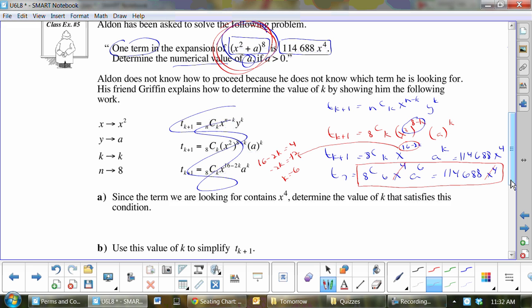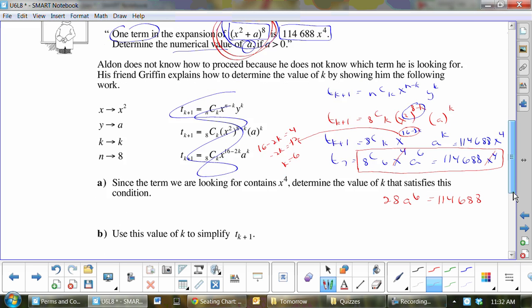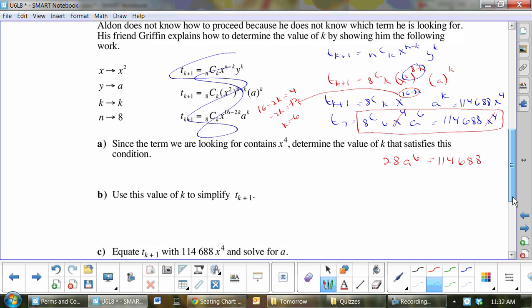What is 8C6? 28. So we get 28, a to the 6, equals 114,688. What do you do next? Divide by 28. A to the 6 equals 4,096.